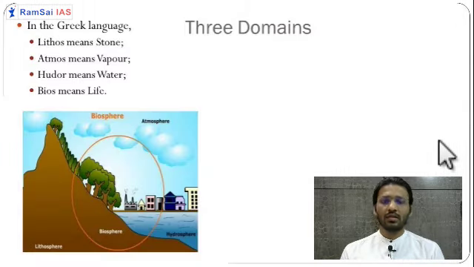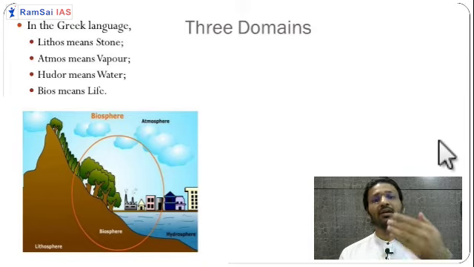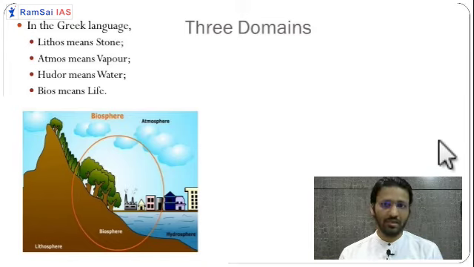These different names like lithosphere, atmosphere, hydrosphere come from the Greek language. Like all the disciplines, they come from the Western countries. So the origin of the terminology is in the Greek or Latin languages.